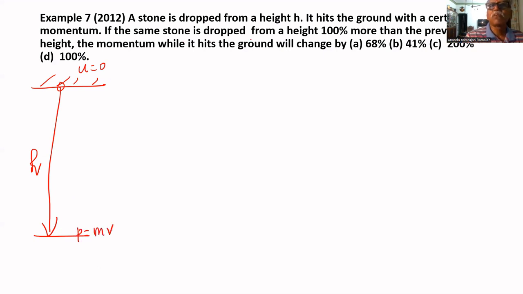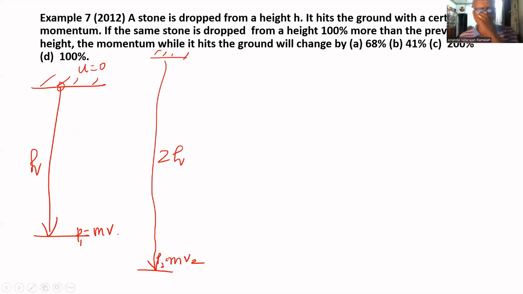If the same stone is dropped from a height 100% more than the previous, that is 2h, what is the momentum? p2 equals mv2, p1 equals mv1. Then the momentum when it hits the ground will change by how much percentage?